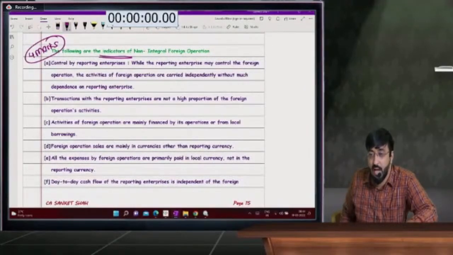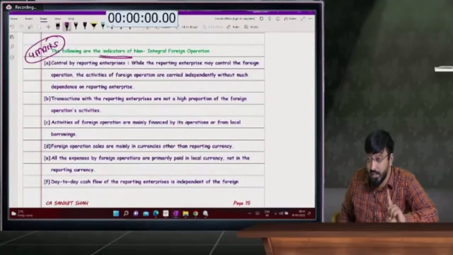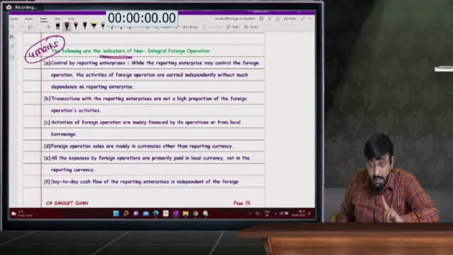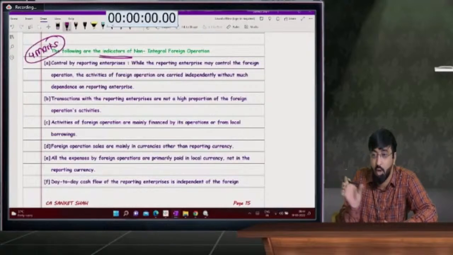First one, how to identify whether it is integral or non-integral? Very simple. Yes, please. I'm going to ask you SIP one-liners. So no one will copy it, that one-liner, 1 point. Okay. And in comment section, you will write all these indicators, but by using a single word or 2 to 3 words, not full sentence.